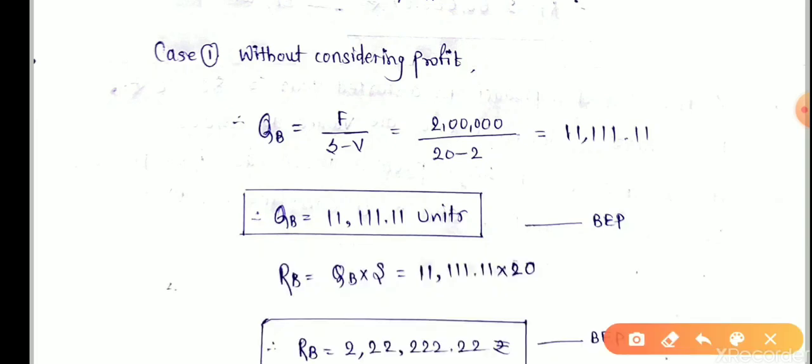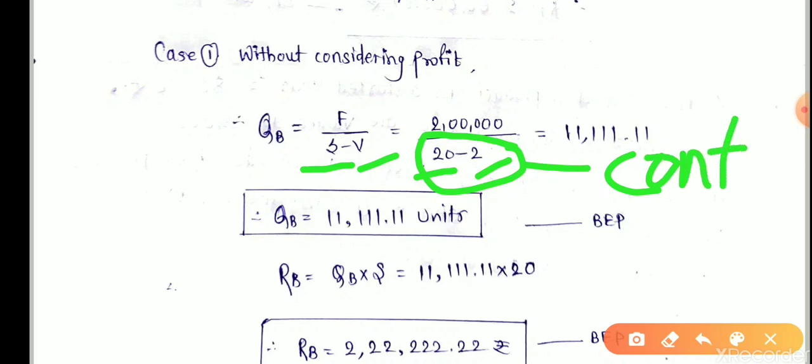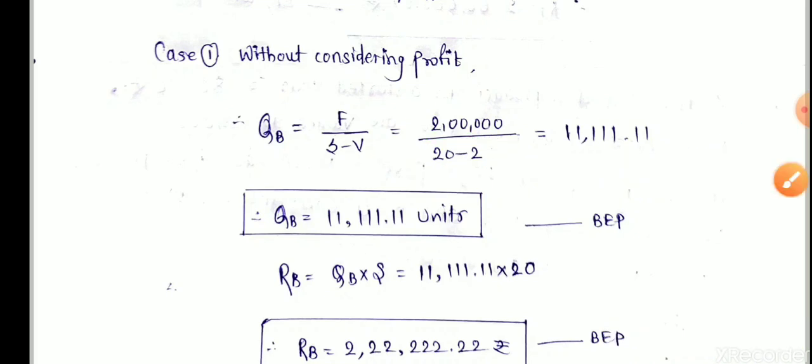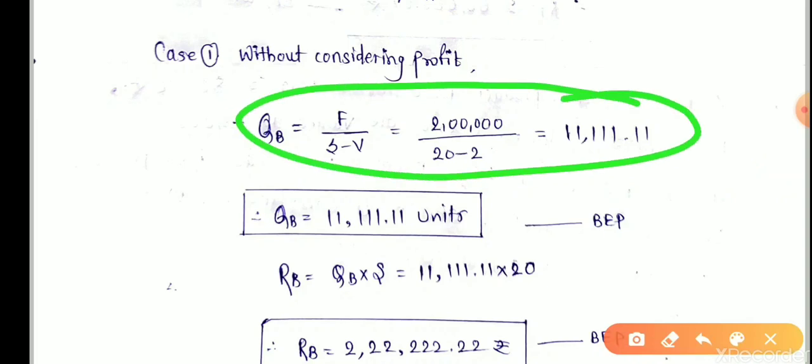S is given selling price 20 rupees, V is given 2 rupees, means 20 minus 2, 18 rupees is the contribution. It can be said as the contribution, means profit per unit. Then QB is equal to 11,111 units. Break-even point can be calculated in terms of units, in terms of price or sales or cost, and in terms of percentage.